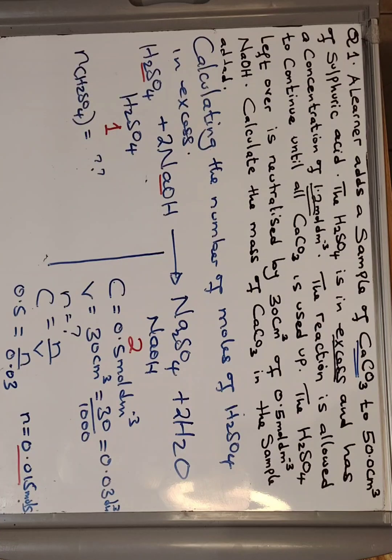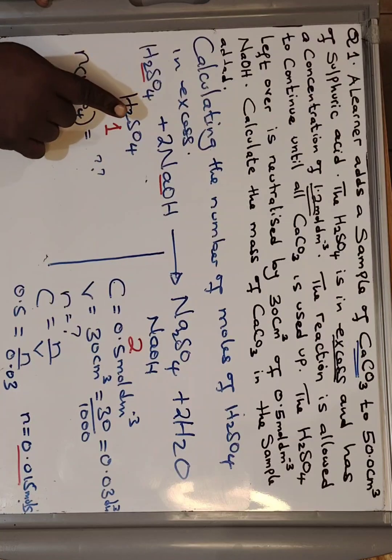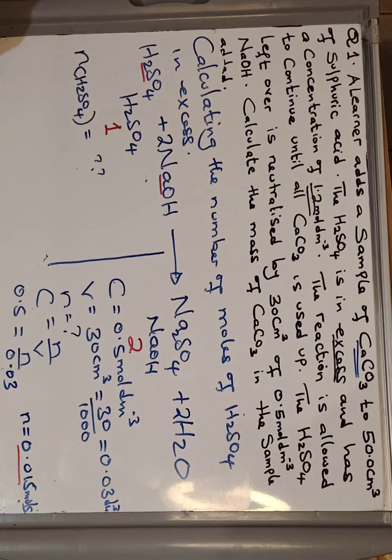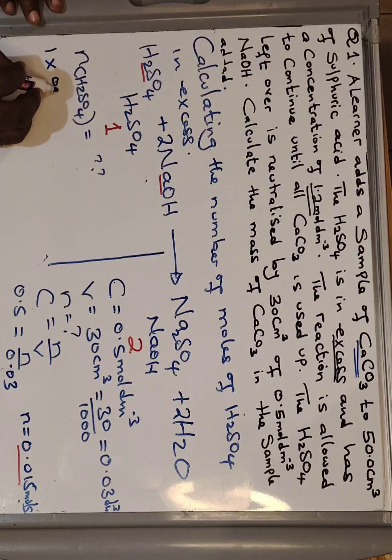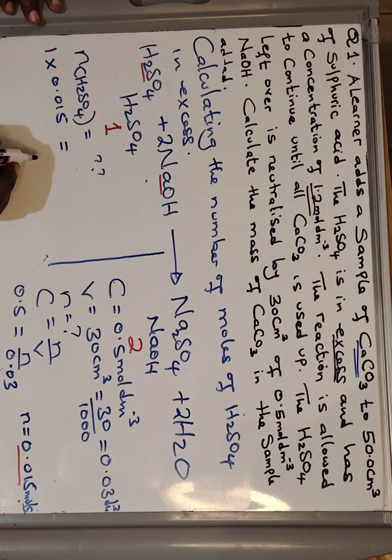So we are going to cross multiply. When you do that, we multiply 1 with this one and 2 with this one. We get 1 times 0.015, which is equal to 2 times n.